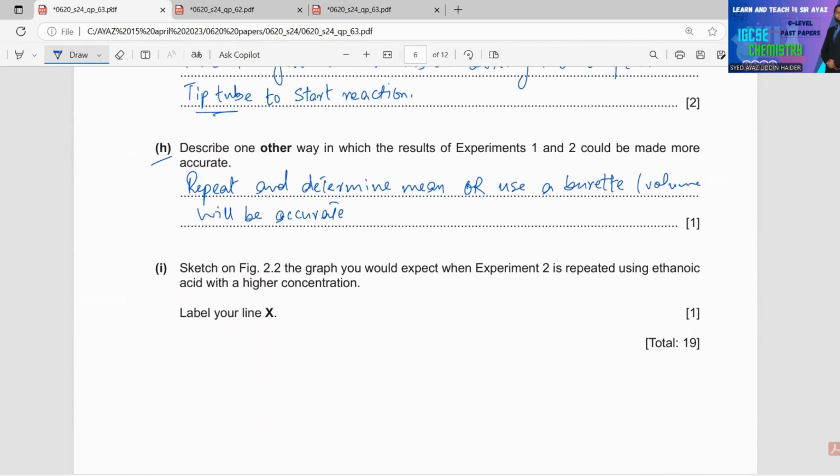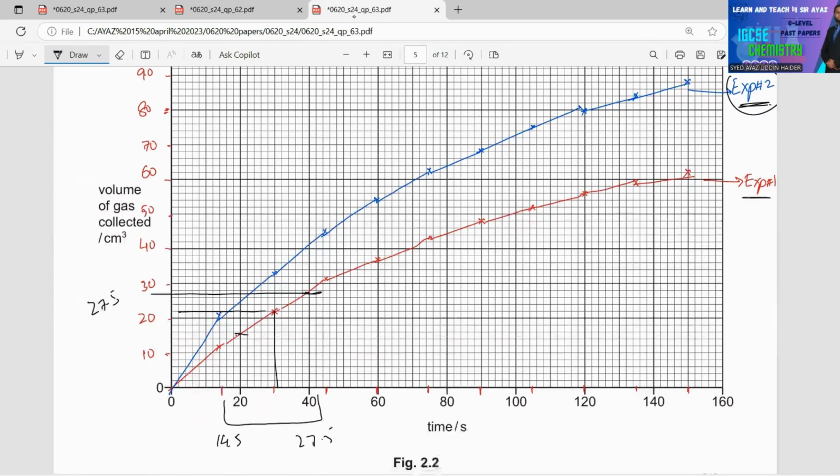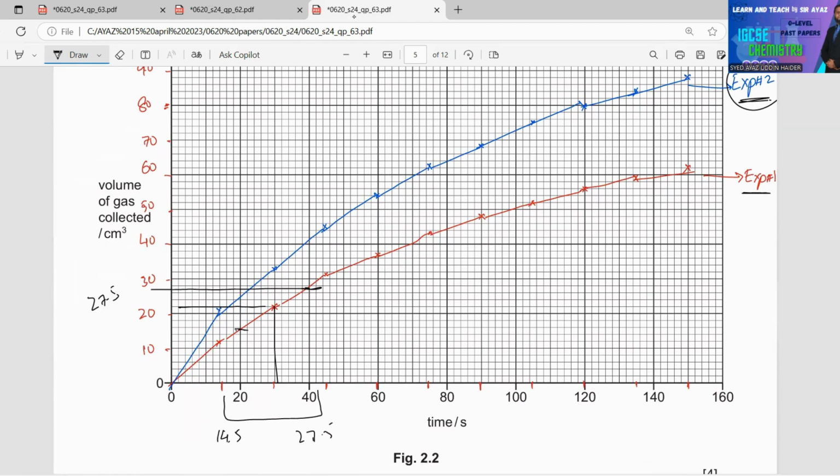I. Sketch on figure 2.2 the graph you would expect when experiment 2 is repeated using ethanoic acid with a higher concentration. Now you are using higher concentration. So what will happen? Definitely the graph will start from this point, but you will be getting a steeper gradient. And remember, it does not level off or end at the same horizontal line.